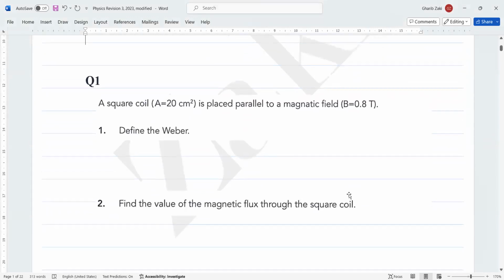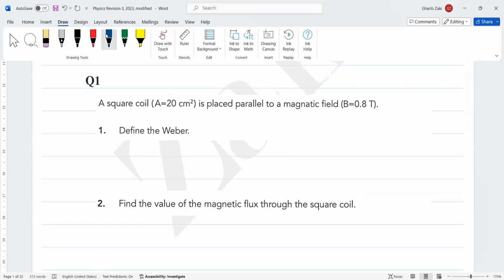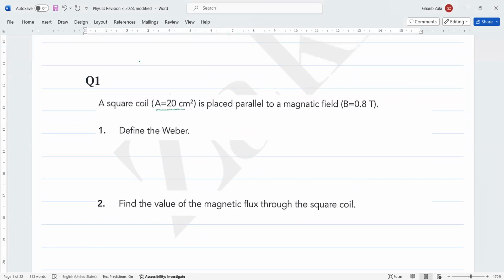Okay, I give you just 1 minute to write. The definition is already in front of you, but try to solve part 2. Here, I advise you, the given area is in centimeter squared, but we have to convert to meter squared.